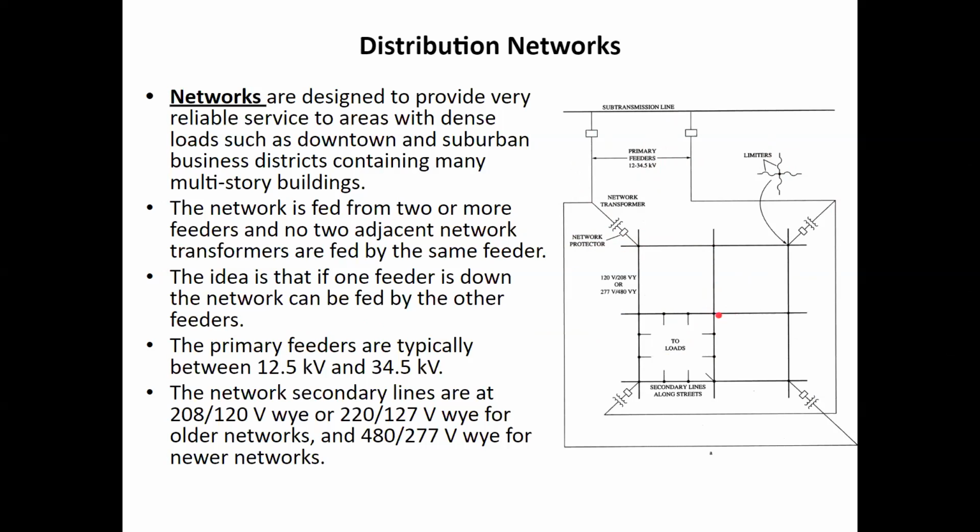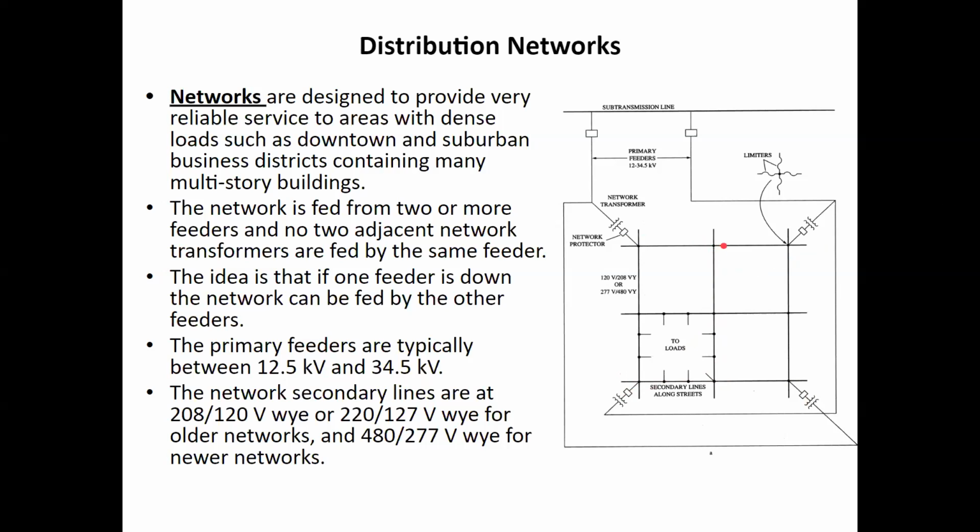Like network means always, this is not a junction. This junction is through circuit breakers. From which direction you have to take power, you can choose. If you close this switch to this side, this will be supplied from this. If you close this switch to this side, it will be taking power from this. If you open this and close this, this load can take power from here, and if you close to this side, from here.